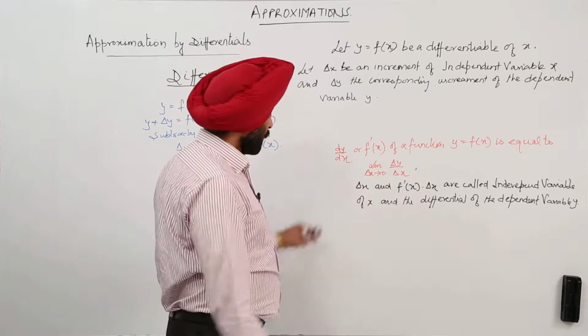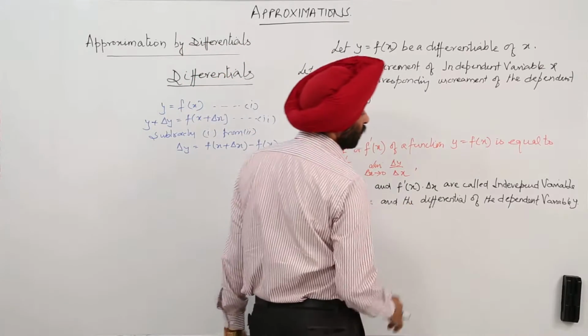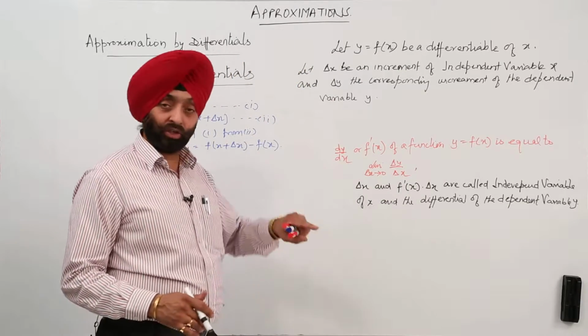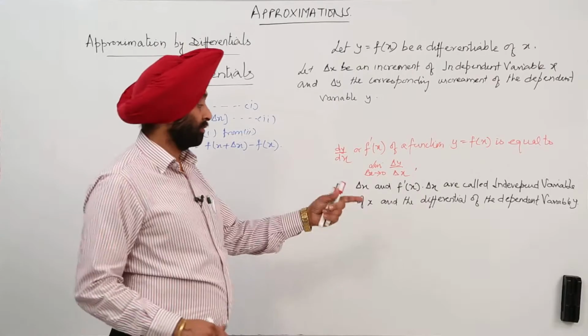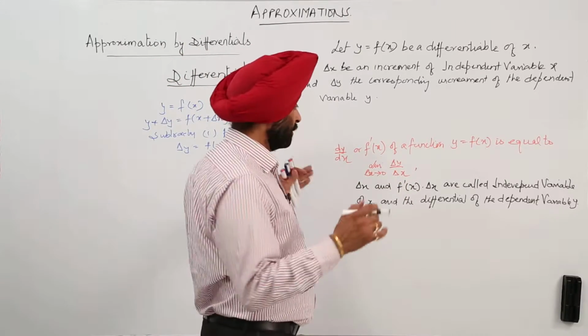Now delta x and f derivative x into delta x are called the differential of the independent variable x and the differential of the dependent variable y, because we get f derivative x as dy by dx.